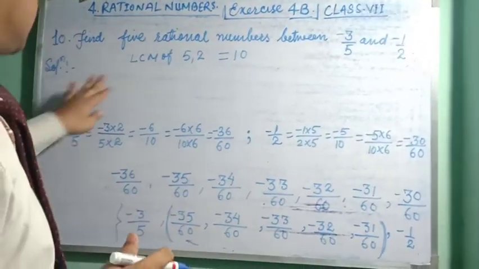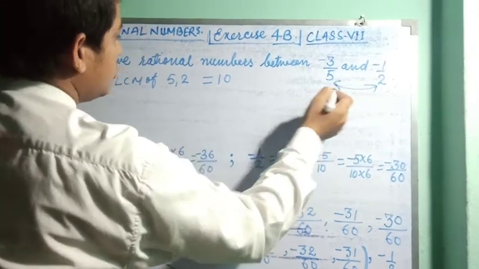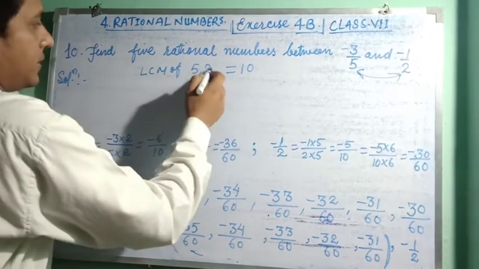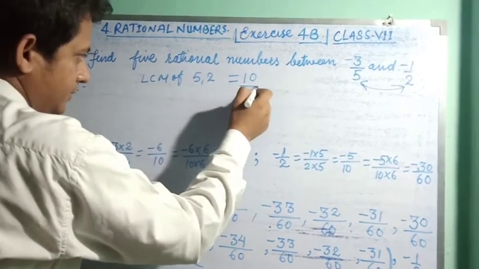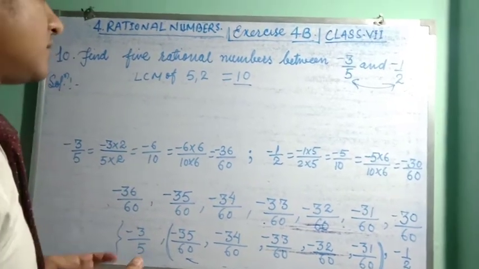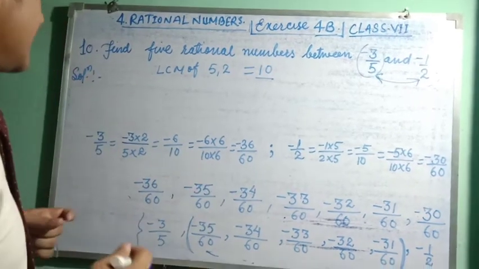Now see, first of all find the LCM of the denominators. Here the denominators are 5 and 2, so the LCM of 5 and 2 is 10. Now we make all the rational numbers have the same denominator.